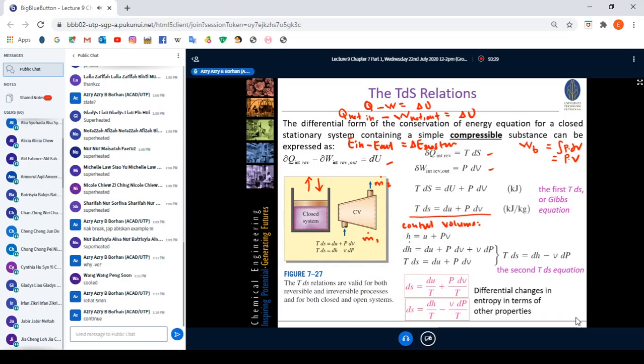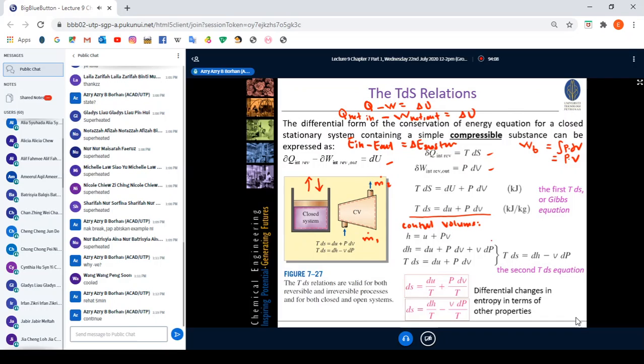So you have H coming together, because H already takes into account the internal energy of the flow. Here H equals U plus P times V. When you differentiate all the terms, you have delta H equivalent to delta U plus P times delta V plus V times delta P.